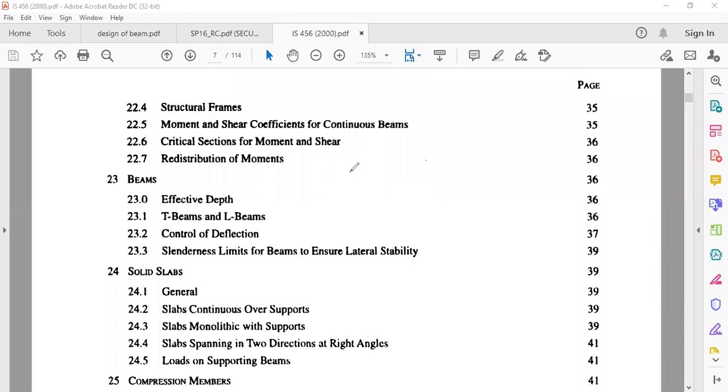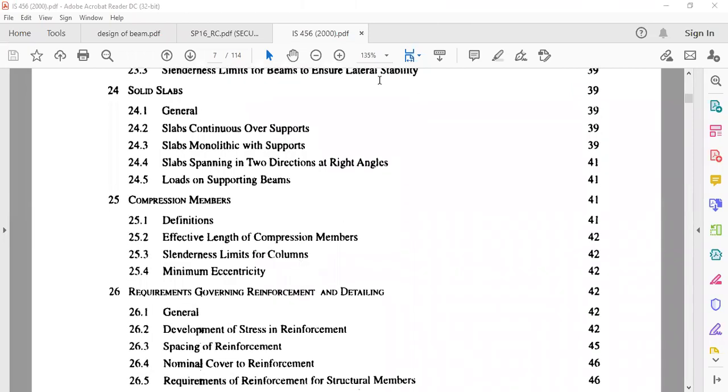Then you can see there is a special consideration for beams: the criteria related to effective depth, then plane sections or T beam and L beam, control of deflections, slenderness limit is also there. Then we have solid slab, continuous over support, monolithic, compression member, reinforcement detailing.